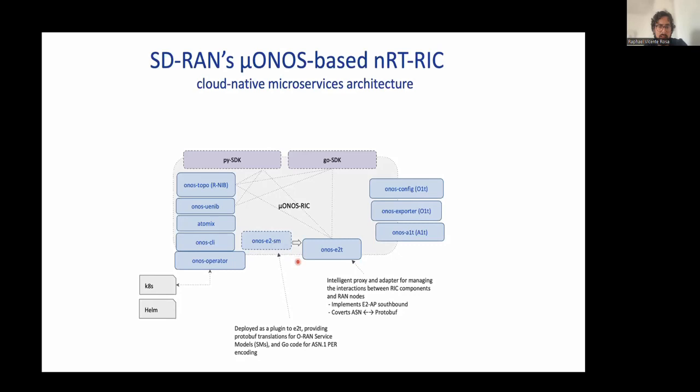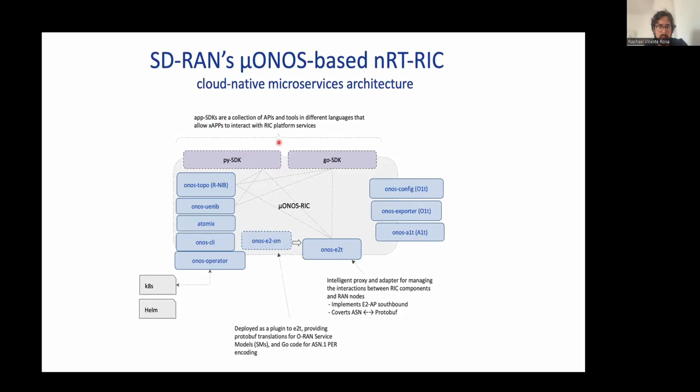That allows each one of these service models to be translated from protobuf to basically almost any specific language, because protobufs allow that to be defined. In that way, each one of these APIs exposed by ONOS E2T can be consumed by SDKs in different programming languages.